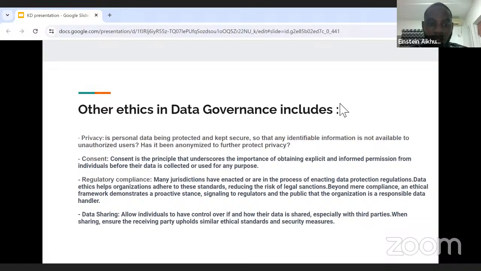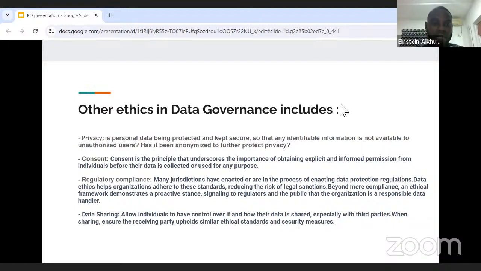Because of the regulation put in place, people were able to sue Facebook, and they risked legal sanctions and had legal fees to pay because of what they did, sharing data with third-party organizations, which they are not supposed to do. These are personal private data that are not supposed to be shared with third-party organizations.